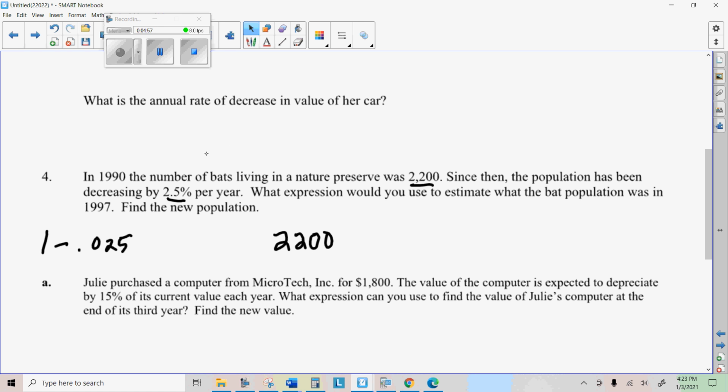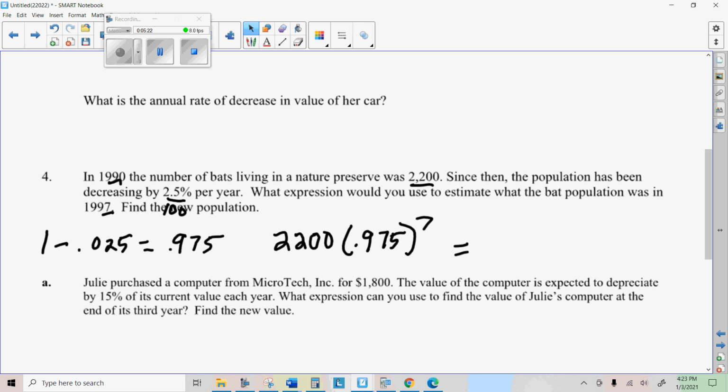If you forget how to do that, just divide 2.5 by 100 to get that decimal. That equals 0.975. So I'm going to multiply by 0.975 to the power of however many years this is. We want to go from 1990 to 1997, so that would be 7 years.